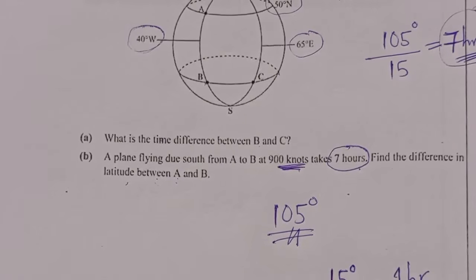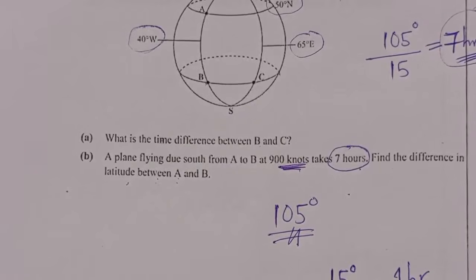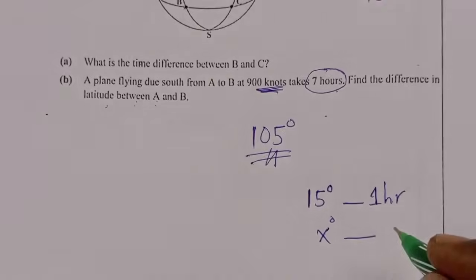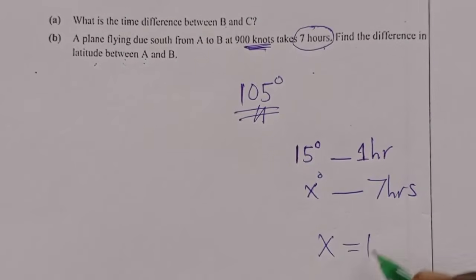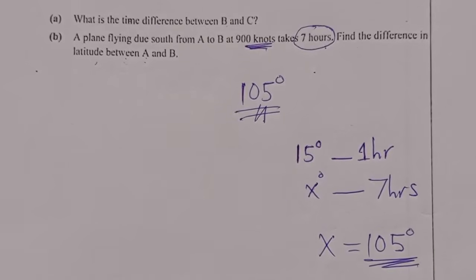How about x degrees equal to 7 hours? We just multiply there, and you find x to be 105, like that. That is the answer. So this is how you get to answer these questions in an easy way.